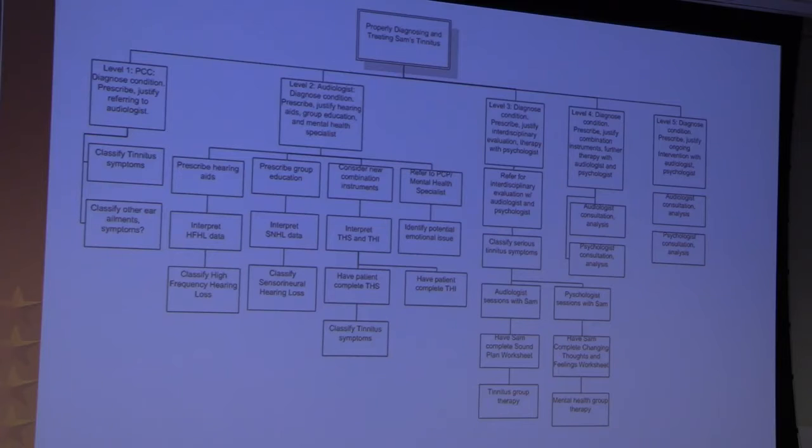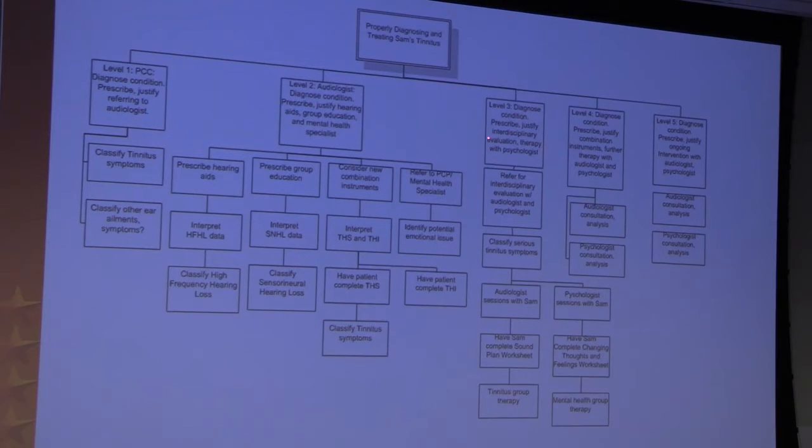So the first one is diagnose the condition, and begin prescription and justify referring to an audiologist if you're going to forward it to an audiologist. Level 2, you do further diagnosis, justify hearing aids, group education, and mental health specialists. And so these are different phases that doctors would go through.